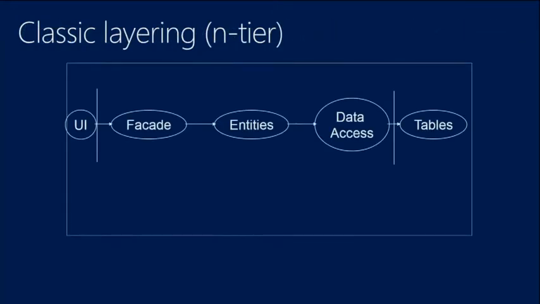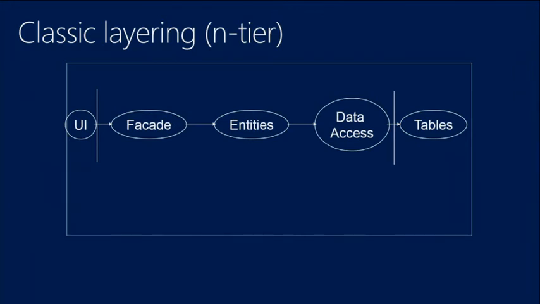Instead, I'm taking a classical style of implementing domain-driven design with a layering principle, and I think this is quite common to many applications out there. So we have a user interface talking over the network with a facade layer, talking to an entities layer, talking to a data access layer, talking to the database on another box, something like that.